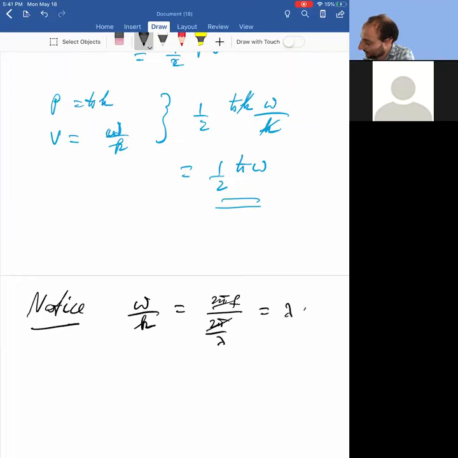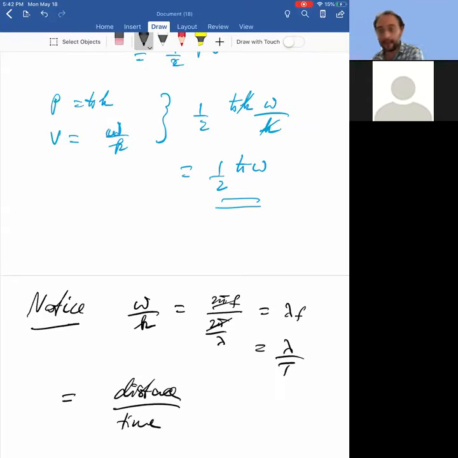And this is lambda times f, which is equal to lambda over the period. Hey, that's equal to distance over time. So if you're finding speed by omega over k, what you're really doing is computing the distance per time. You're not allowed to compute velocity in quantum mechanics by the distance over time formula.